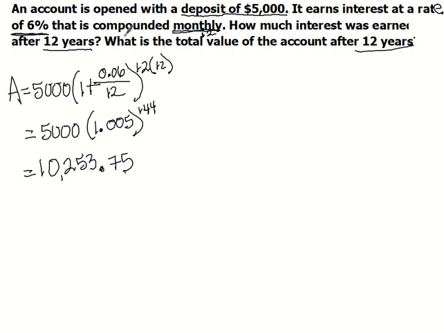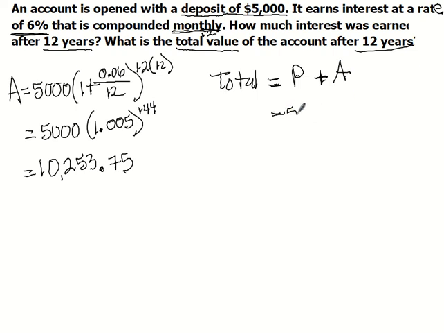Now, the second part of this question says, what's the total value of the account after 12 years? Well, this is how much I earned, but remember, I started with this. So to find the total, I'm going to take that, what we call principal, and I'm going to add it to my A, or my amount earned.